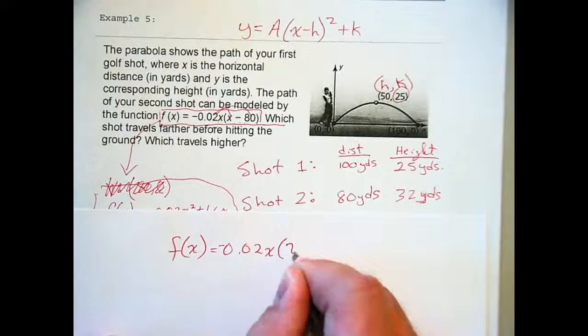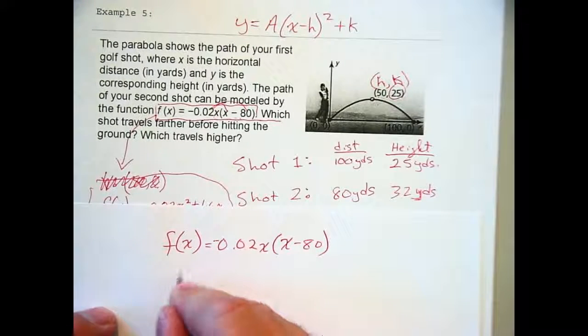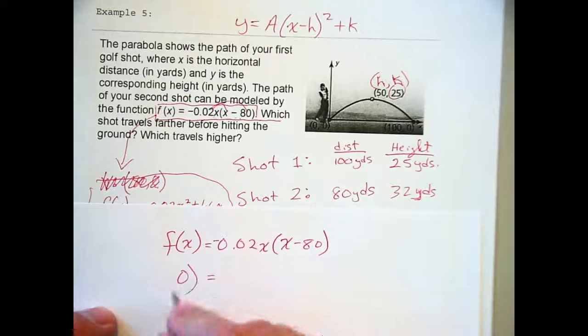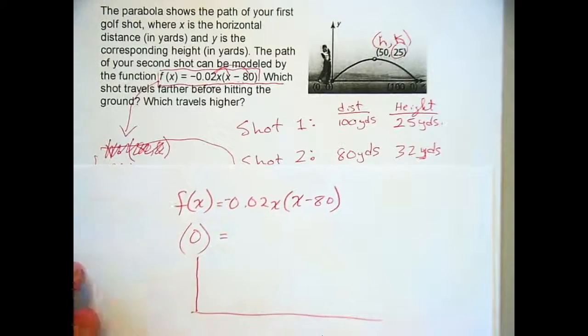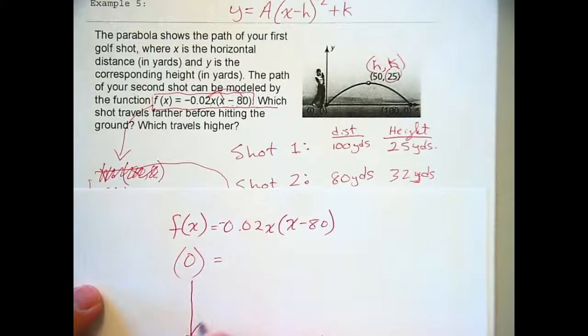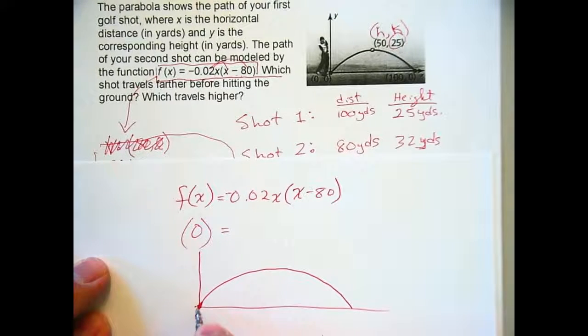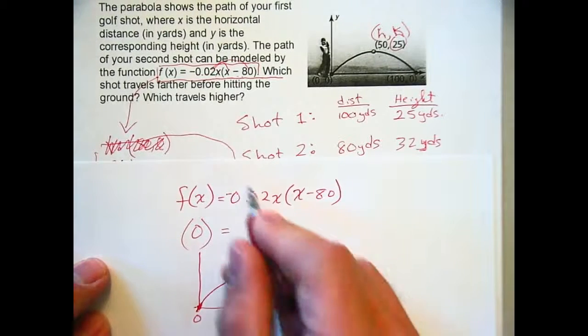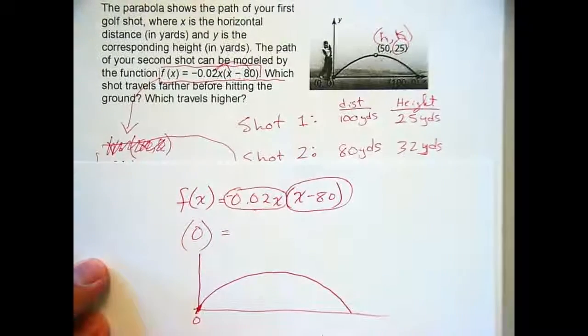I mean, this is factored form right there. You love factored form. Factored form tells you your zeros. So if I say, okay, y is 0, that's going to tell me my x-intercepts, which means if I'm graphing it, there's my shot. I should have an x-intercept right here. What is this x-intercept? 0. Which one of those gives me an x-intercept of 0?